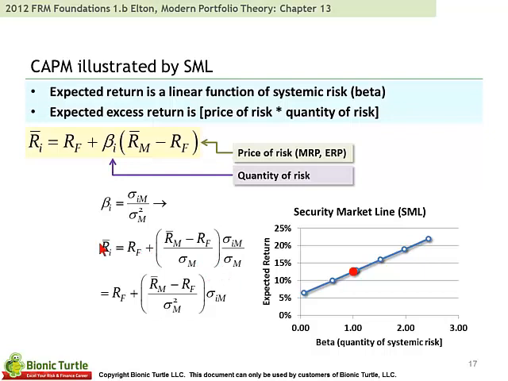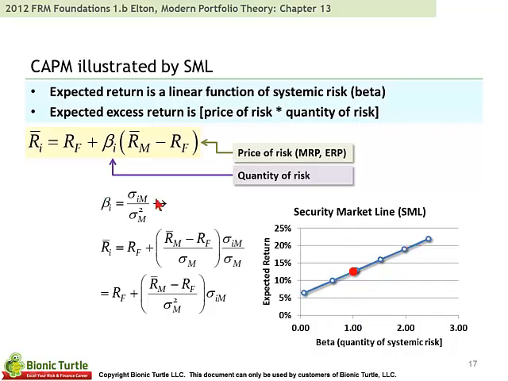Then the capital asset pricing model is actually illustrated by not that capital market line, but the security market line, SML. Notice what changed here, not really the y-axis, it's the x-axis. Where in the capital market line we saw volatility, which would be total risk, here it's just beta, which is a measure of systematic risk. So that's when we go from the capital market line, which really had total risk in the x-axis, to the security market line where we have beta in the x-axis.